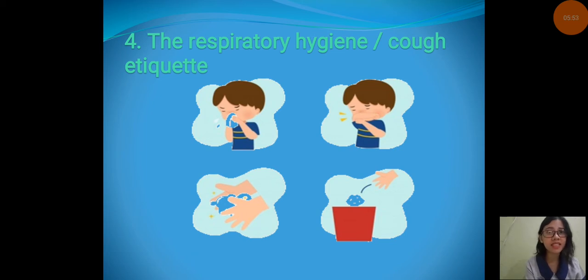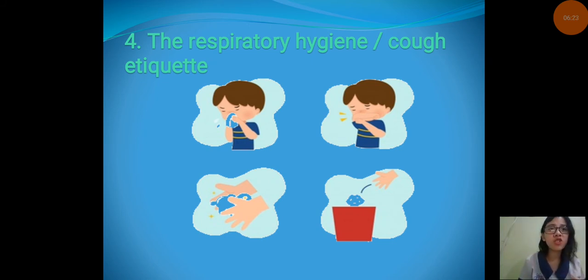These etiquettes include simply covering the nose and mouth with a tissue when coughing or sneezing, or using the crook of the elbow to contain respiratory droplets. Don't use your hands when you are sneezing. It still spreads infectious diseases because you always use your hands. Remember to use the crook of the elbow when sneezing or coughing.